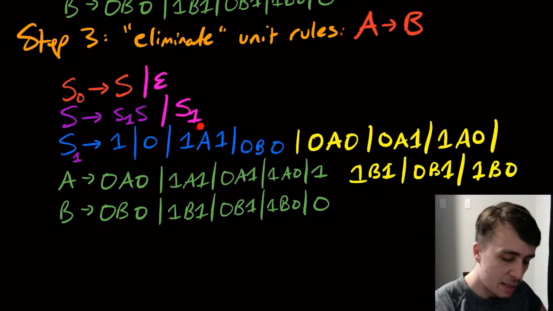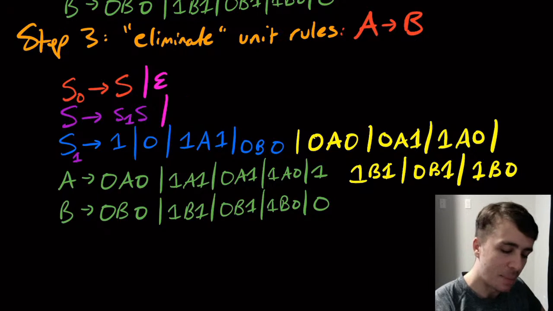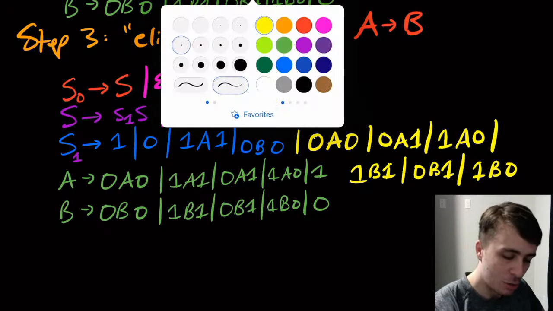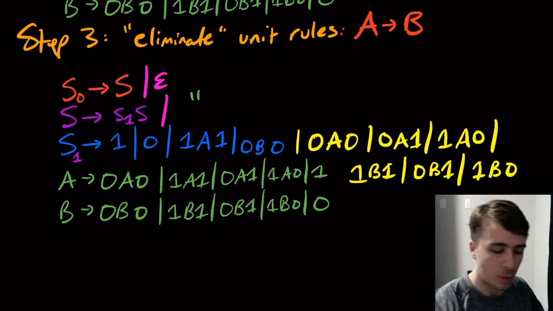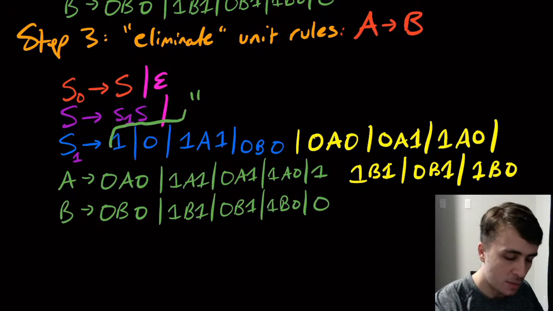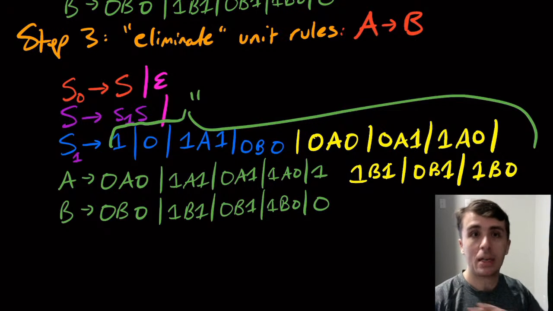What about this S1 unit rule right here? I'm not going to copy and paste all of those. What I'm going to do is a little technique I like to do, which is to put a little quotation mark right there and to say all of this stuff right here, that belongs there. So again, it's just copying and pasting rules around.